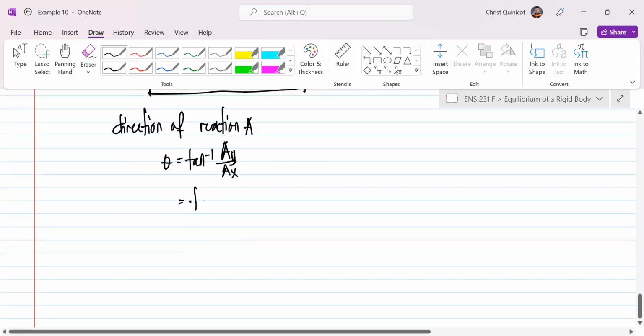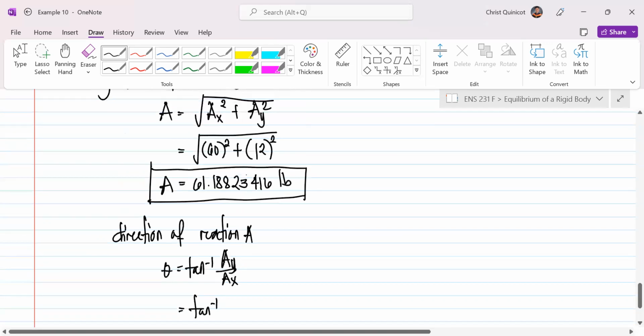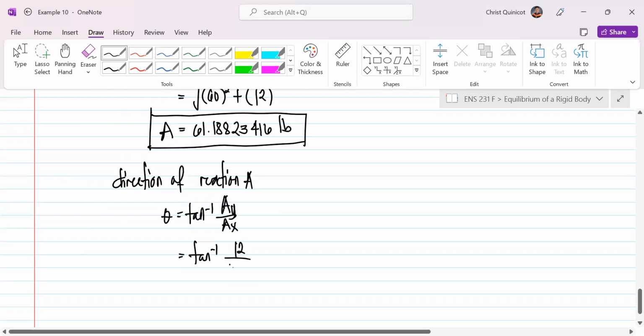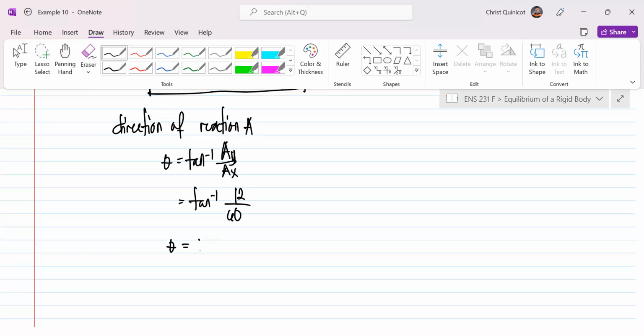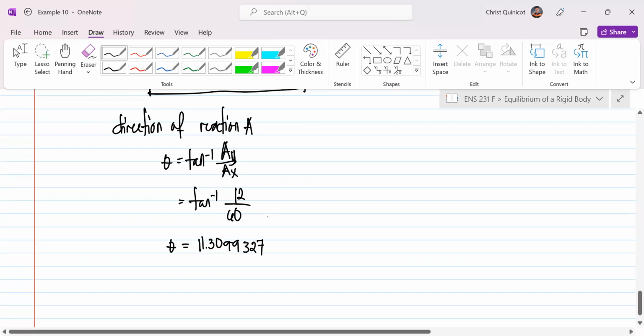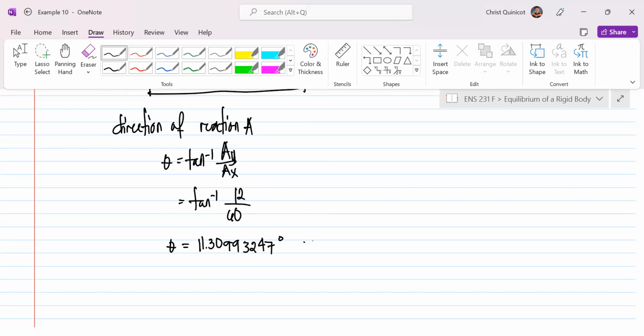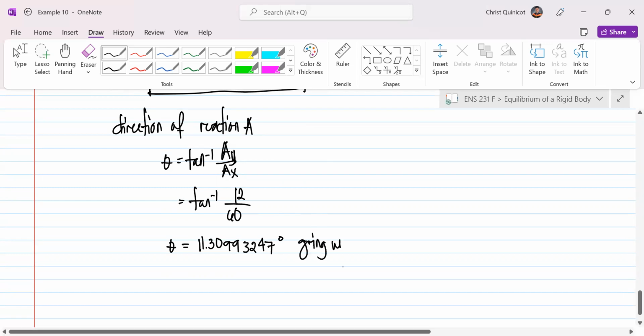So theta is equal to tangent inverse of 12 over 60, which is 11.3099327 degrees going up to the left.